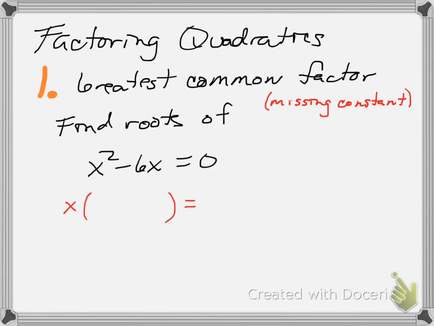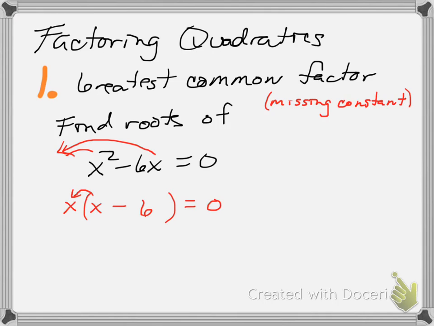So we can divide, basically undistribute. Those of you that like the distributive property maybe like that explanation better. Undistribute an x out of the parentheses. And if we undistribute an x, we are left with 1x minus 6.